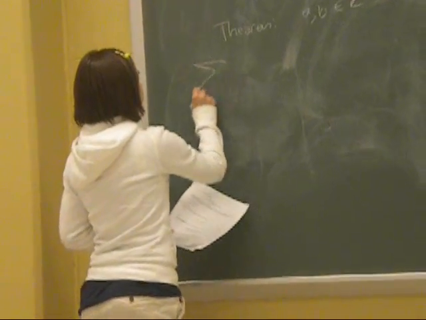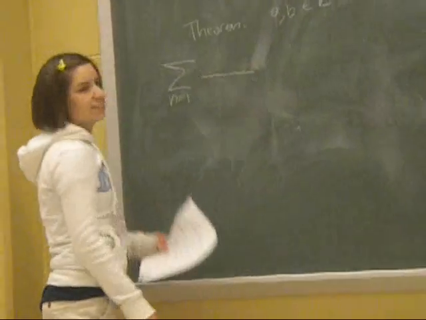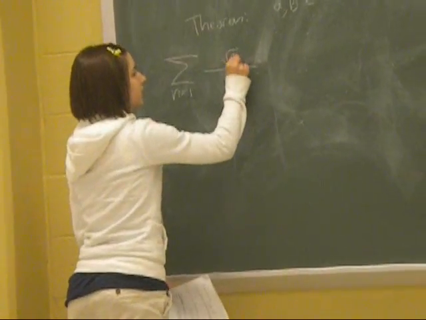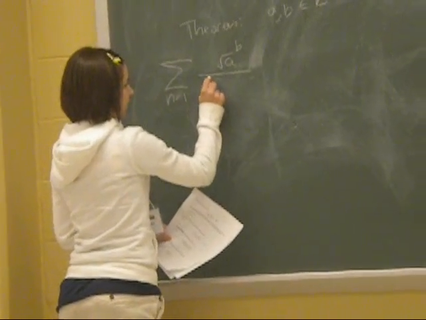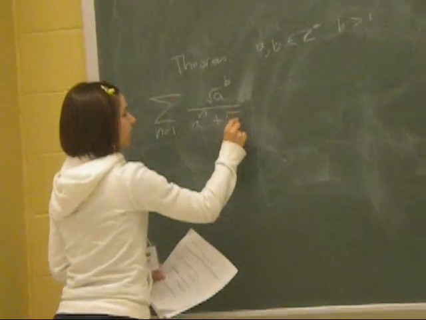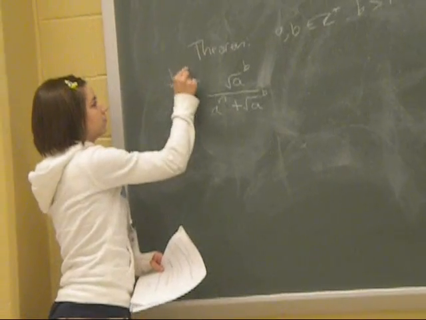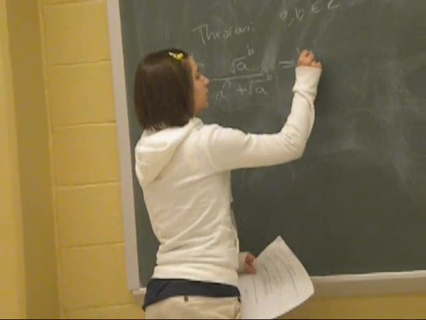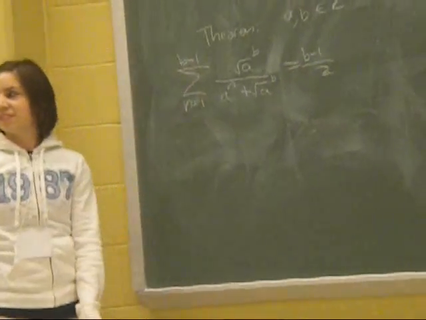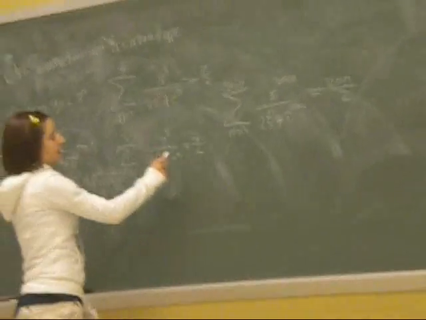So this is saying that if you have a sum, n equals 1, such that we have a square root here, and we have a to the n plus the square root of a to the b, and we raise this to 1 less than b, this will always give you b minus 1 over 2, which is why these are the same. It doesn't matter if it's 5, 7.